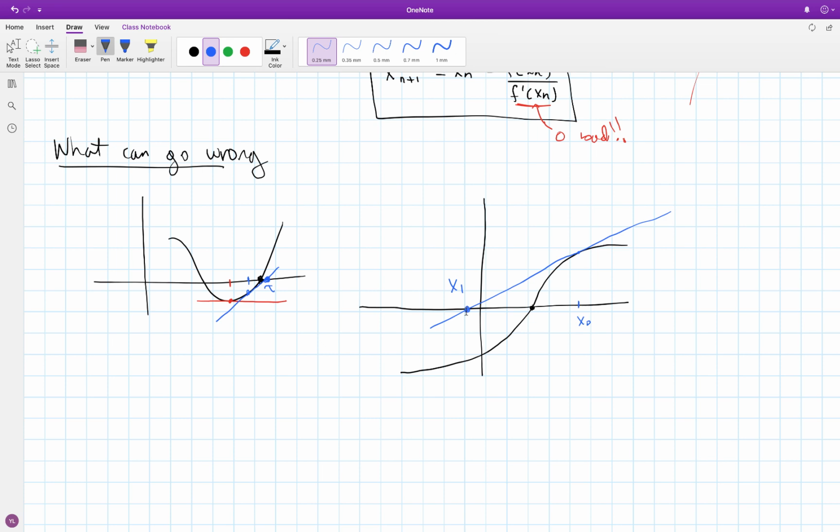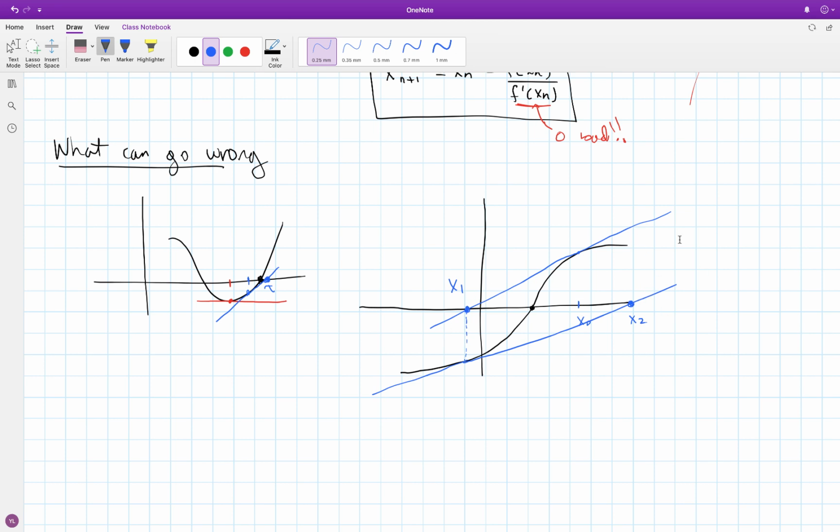Then Newton's method proceeds, draws a tangent line here, and my third guess ends up being out here. As you can see, I've gotten worse with my sequence of guesses.